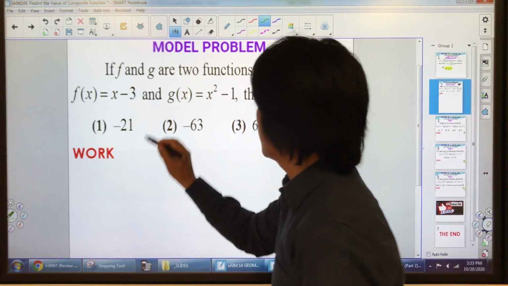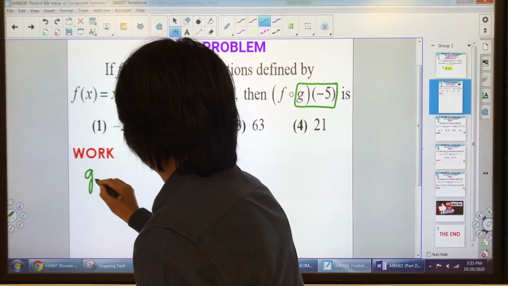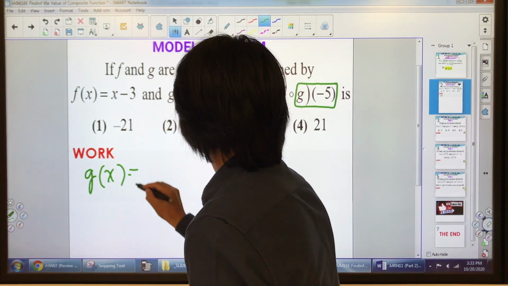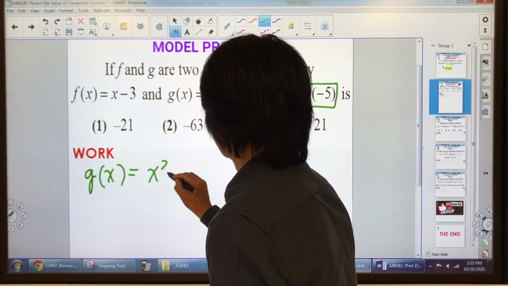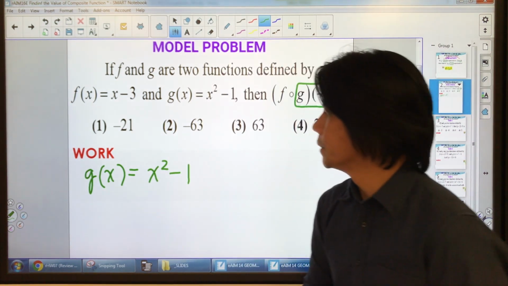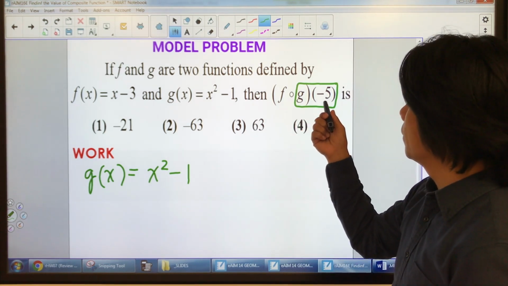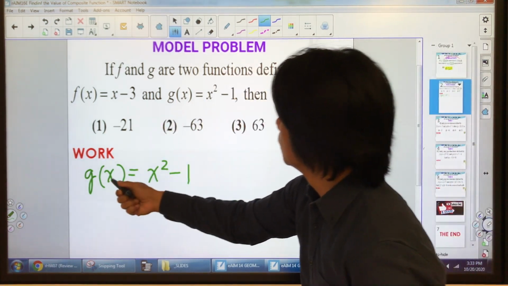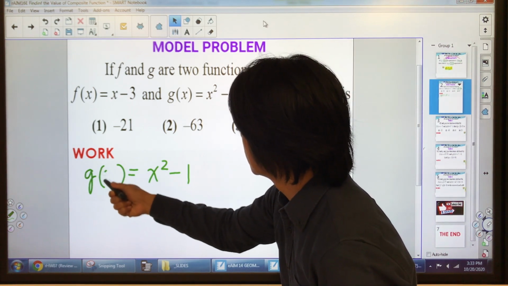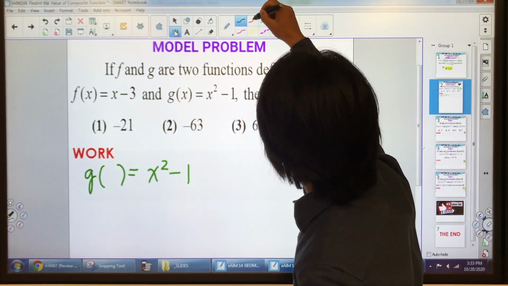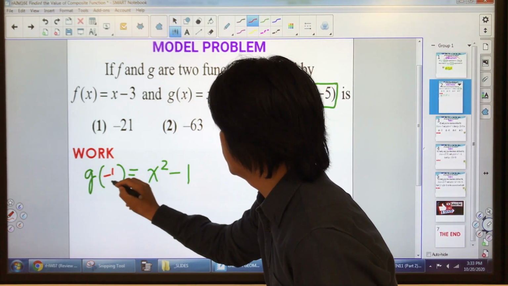So let's copy that. g of x equals x squared minus 1. Then we substitute negative 5 for x. We erase this and change it to negative 5.